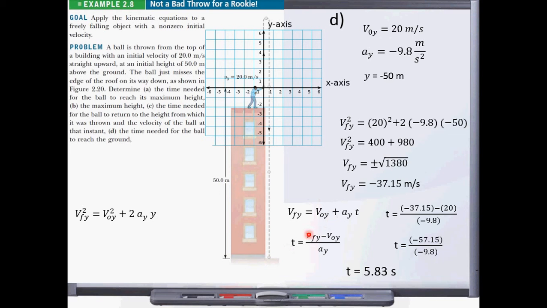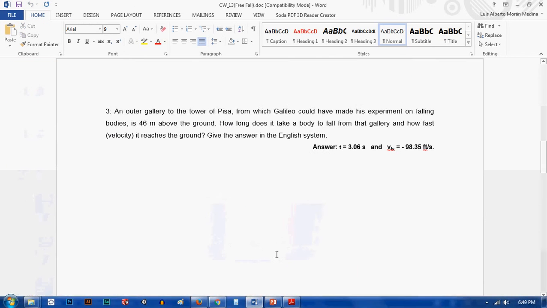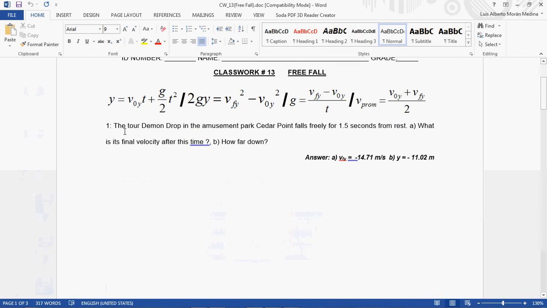With the problems that I explained here, you're going to be able to solve ClassWork 13. Let me check. This is ClassWork 13. As you can see, we already solved the first exercise.